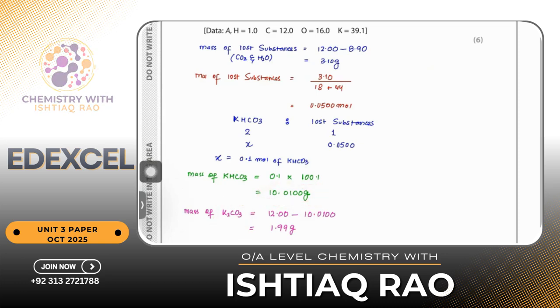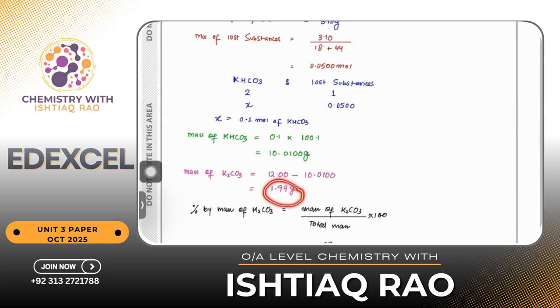I'm going to subtract the mass of KHCO3 from the total mass, so then I would be getting the mass of K2CO3. This is the remaining solid that is present in your crucible. Then I have to find out the percentage by mass of K2CO3.